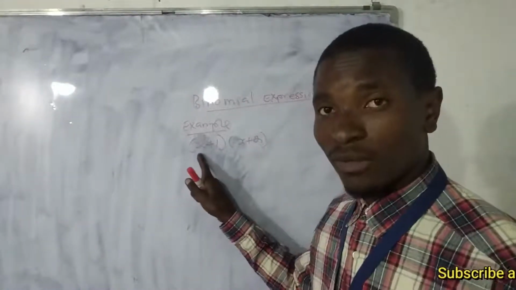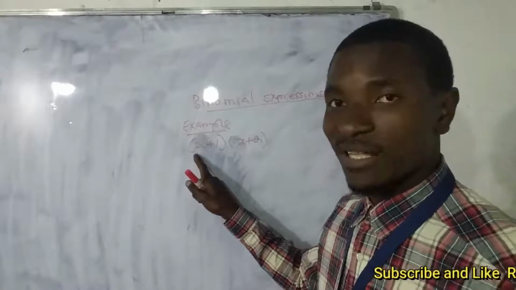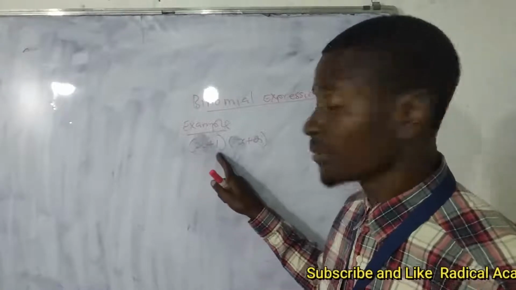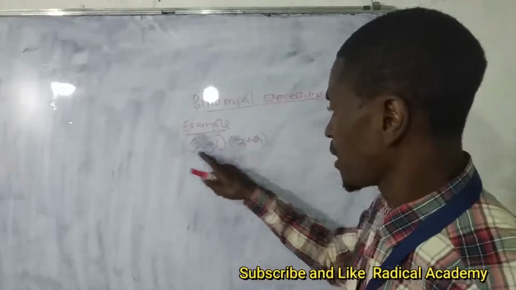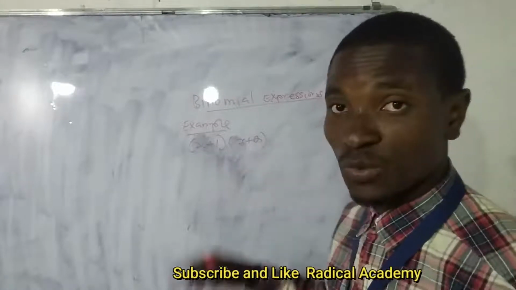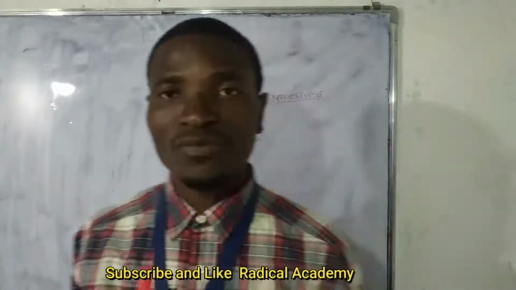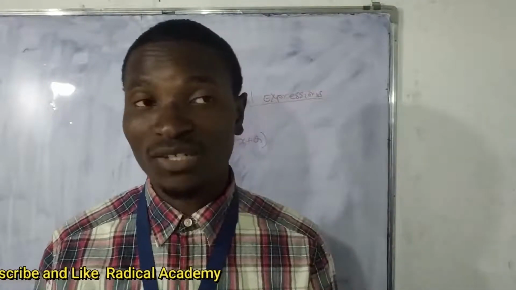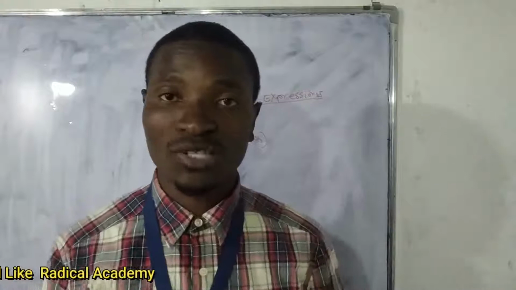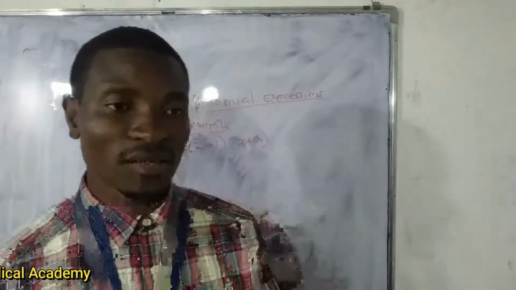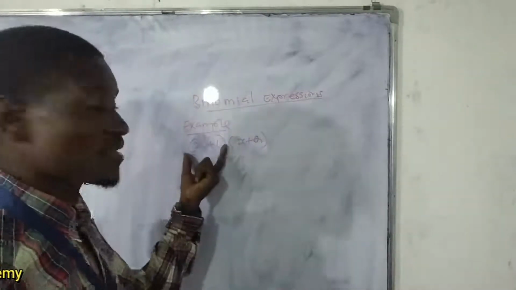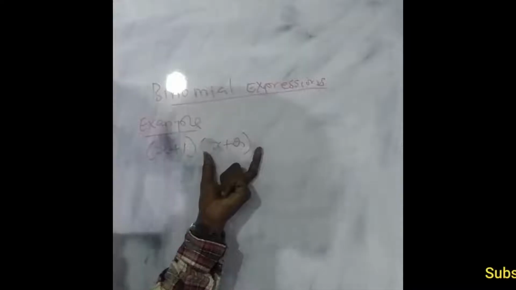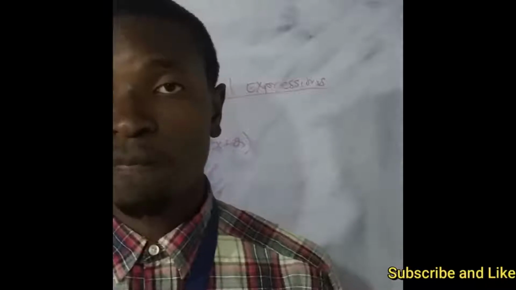Now this one has x plus 1, open bracket x plus 2. The meaning of this is that we are dealing with multiplication of algebraic expressions. This is a single expression and this is the other single expression, and we are multiplying these two expressions.